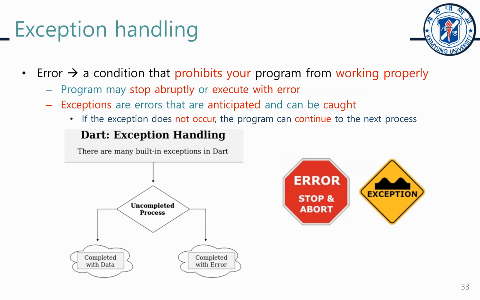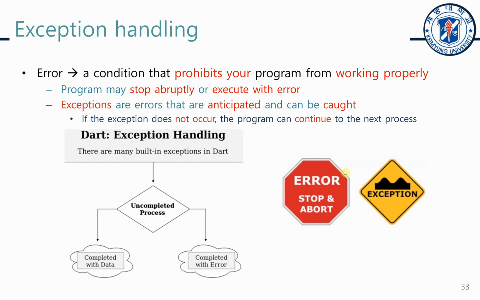So the next concept of Dart, or the next law or grammar, you can say it in different forms, in Dart programming is exception handling. Exception has some similarity to error. We've been discussing exceptions and errors here and there, but today we'll see a little bit in detail.